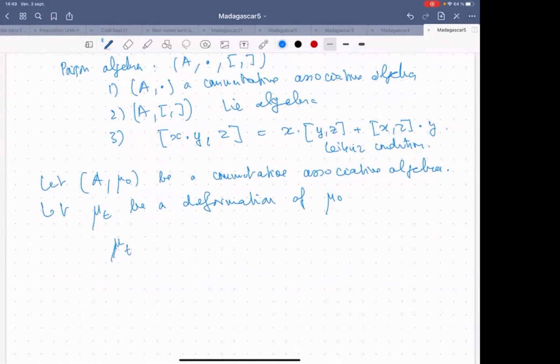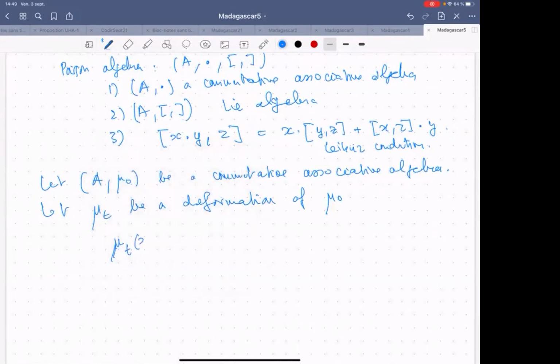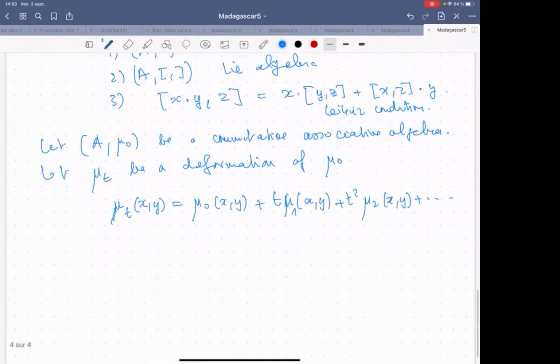You can write mu t of xy being mu0 of xy plus t mu1 of xy plus t squared mu2 of xy plus etc. And now we can write down the commutator of this mu t and divide it by t.